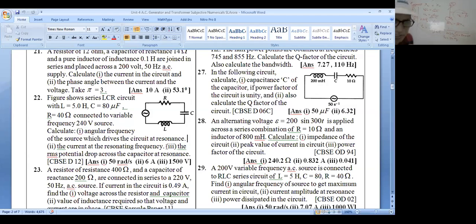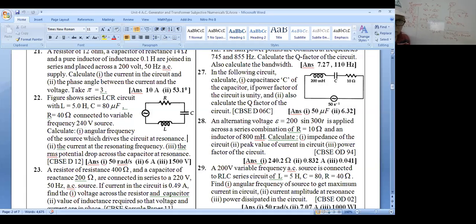The RMS potential drop across L or across C gives the same value, because they are the same and that's why they cancel out. It is I RMS XL, or I RMS XC. If you calculate one, you will get the same in the other also. I naught XL and I naught XC are both the same.